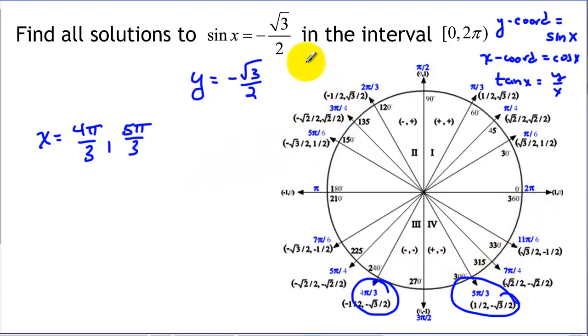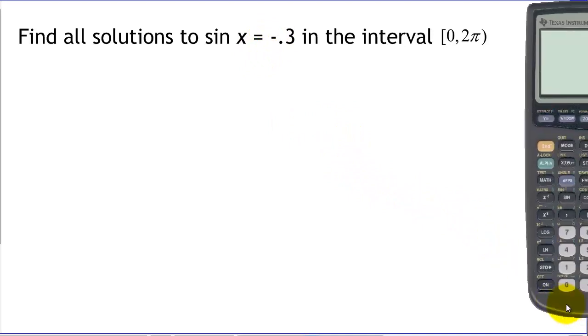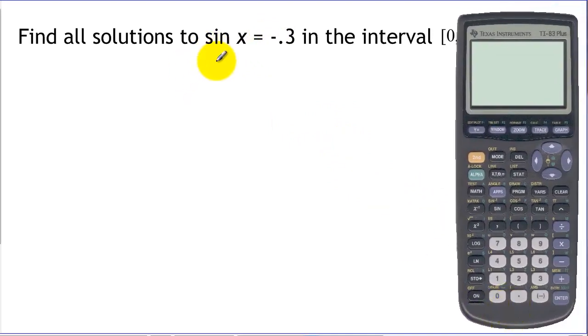Now this works when our trig functions have the special values, the exact values that we had learned for these special angles. Now it's possible that this is not one of the special angles. So on these we're going to have to use our calculator to find approximate solutions. So remember, to solve a trig value to find the missing angle, we need to calculate the inverse sine of that number.